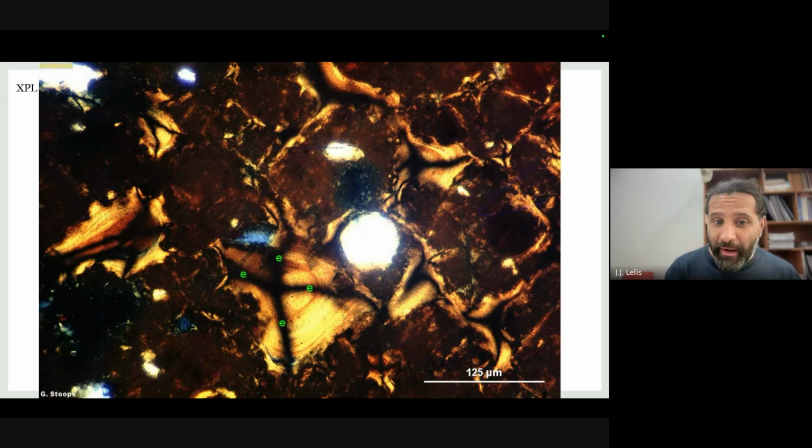Okay, at the microscope, when we add the reflected light, it's amazing because we can see these black lines, these extinction lines, as we call them in microscope studies.